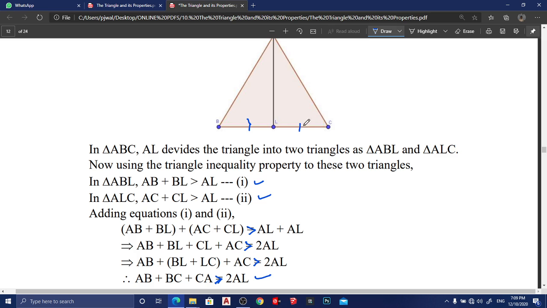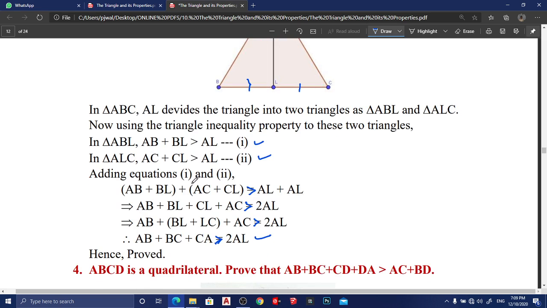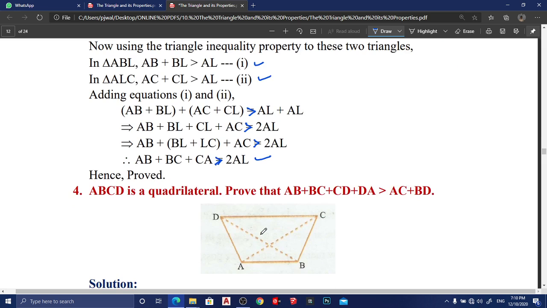Here AC plus CL is greater than AL, and add these two inequalities on both sides, LHS and RHS. Here you can take the greater than symbol. In your notes also you can correct it. By using this you can prove that AB plus BC plus CA is greater than 2AL.